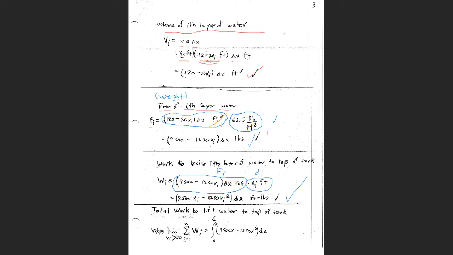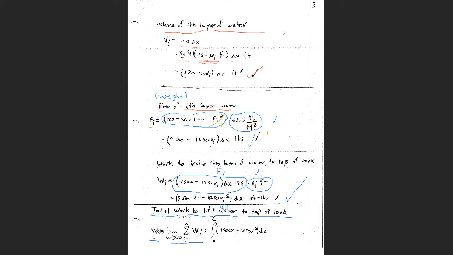Now we're ready to find the total work needed to lift the water to the top of the tank. And I'm talking all the water, right? Well, the work is equal to the limit as n goes to infinity of the sum i equals 1 to n of w sub i.